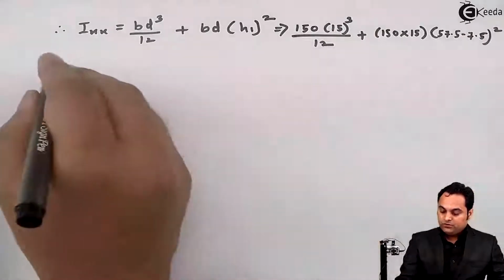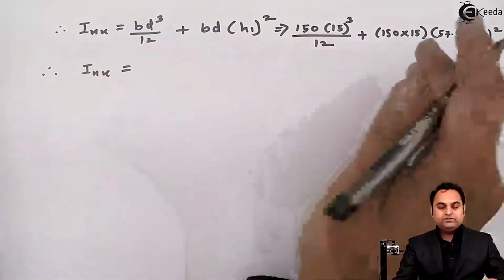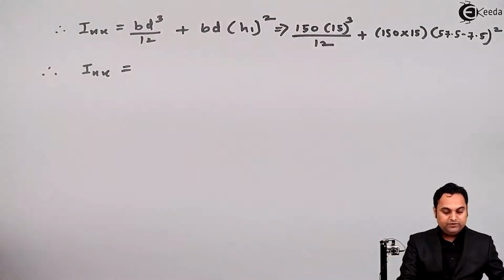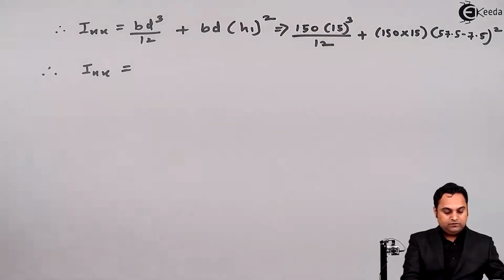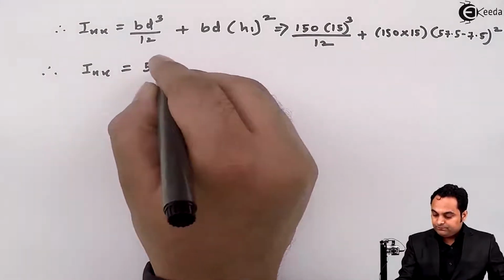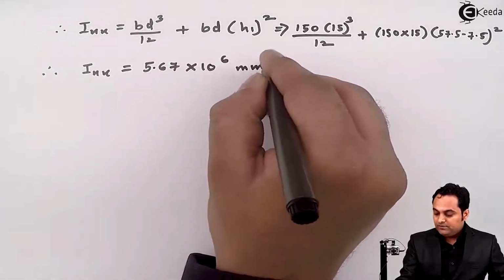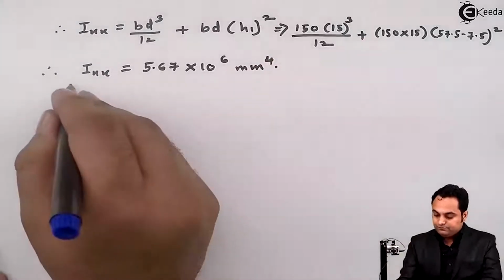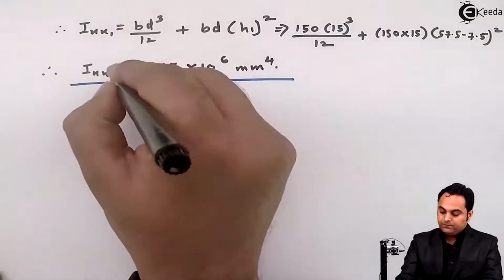If I calculate this throughout, it comes out to be 5.67 into 10 raised to 6 mm raised to 4. That is the answer of Ixx1.